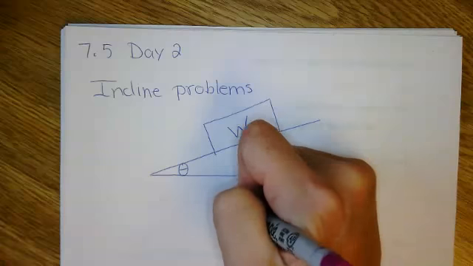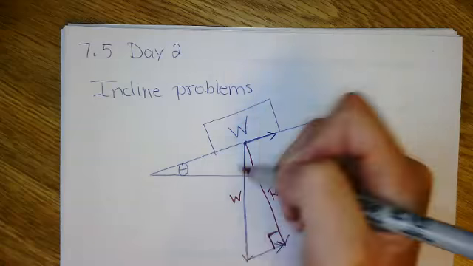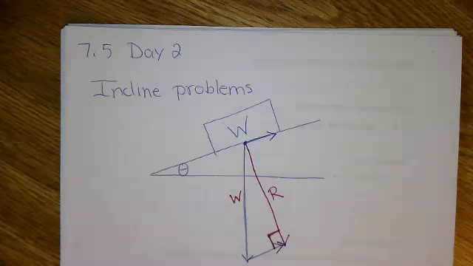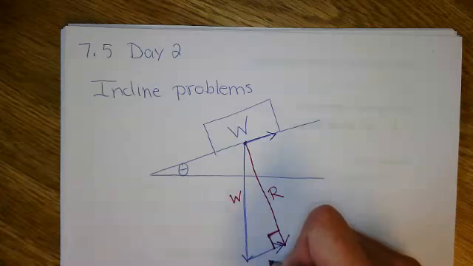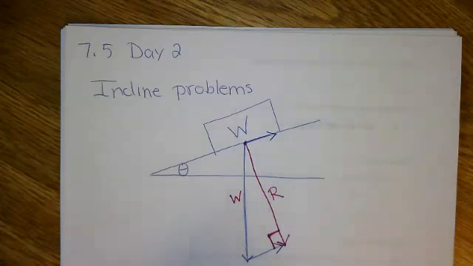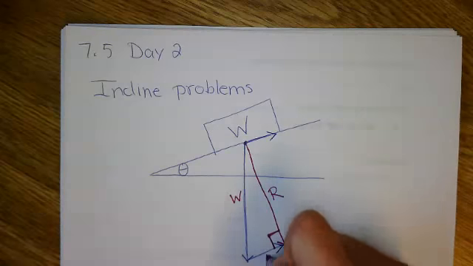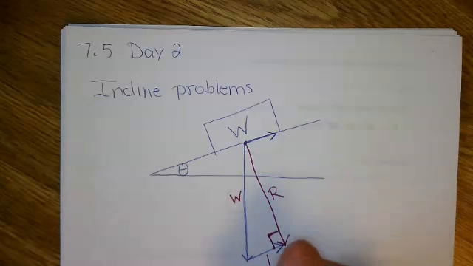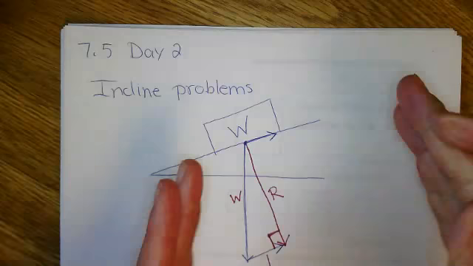So this is gravity pulling the weight. That's equivalent to the weight. That's what gravity's pulling. They call this the force needed to keep it on the hill. I call it the friction. I don't know if I'm right on that either, but we'll go with it. So this horizontal one, I call it friction, but it's the force needed to keep W on the incline, to stop it from sliding back.